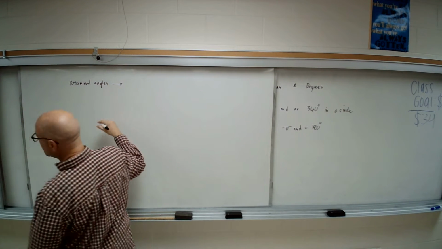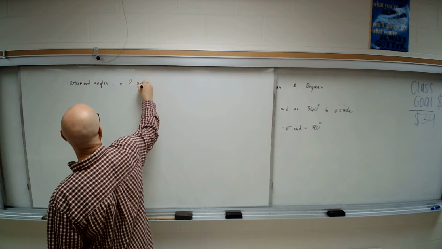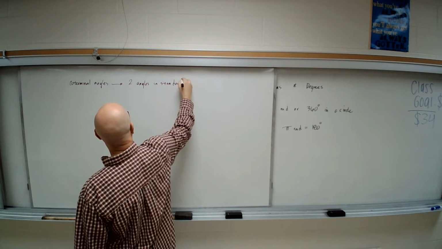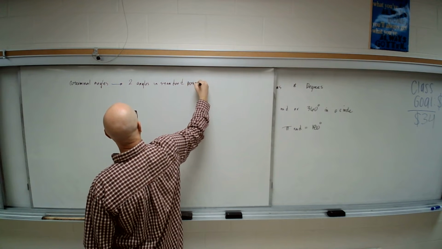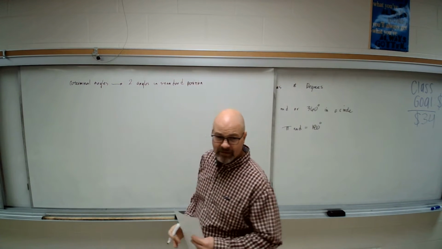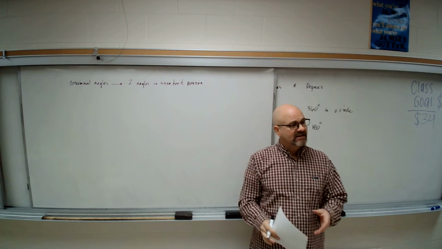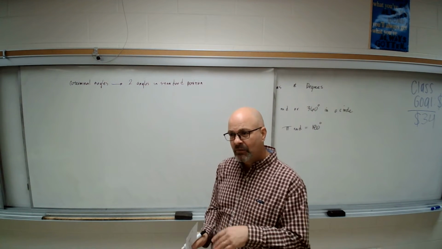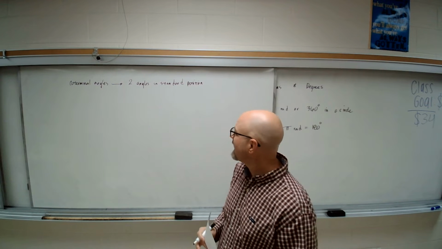Coterminal angles. These would be two angles in standard position. Right, so again, we talked about standard position, vertex at the origin, initial side on the x-axis.